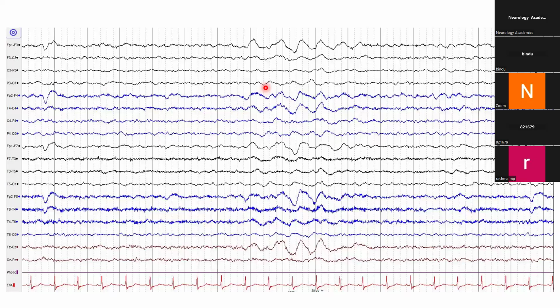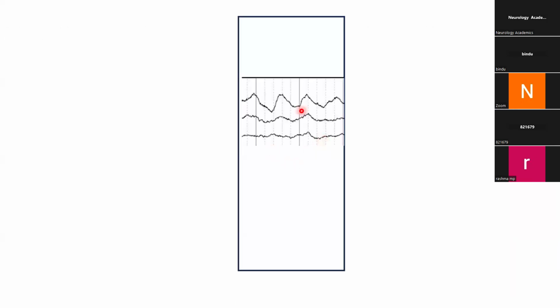So this is frontal intermittent rhythmic delta activity, with the background before and after that being normal. Same is seen in the common average. These waves, which are slanting like waves, are called theta waves.